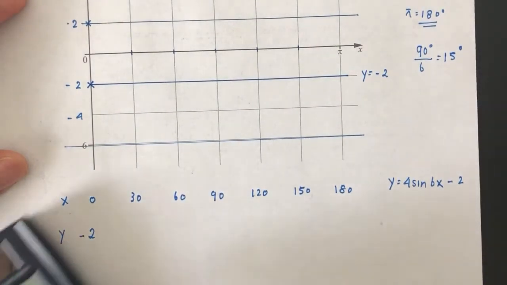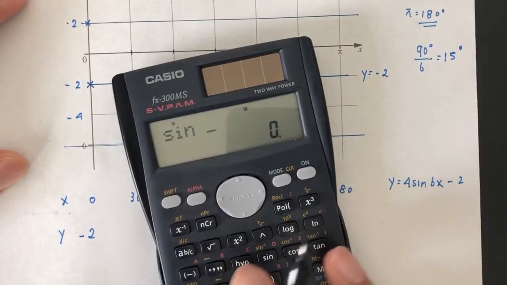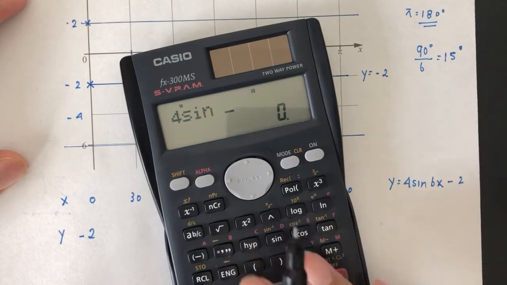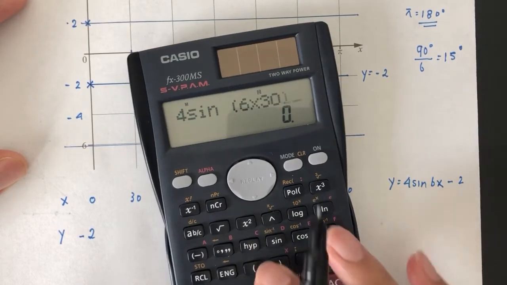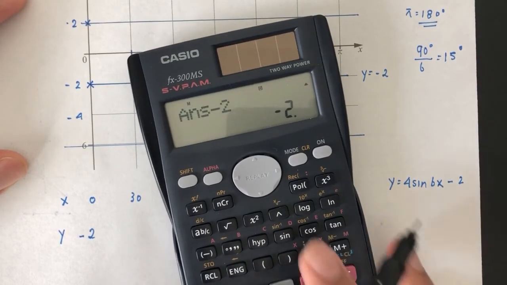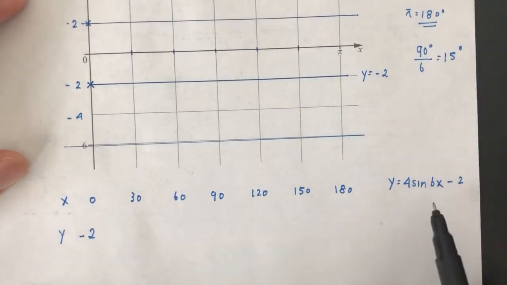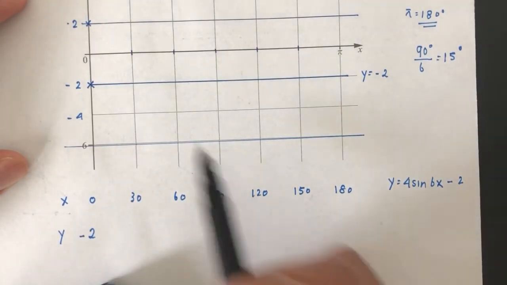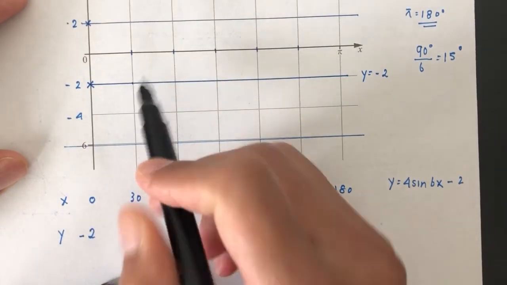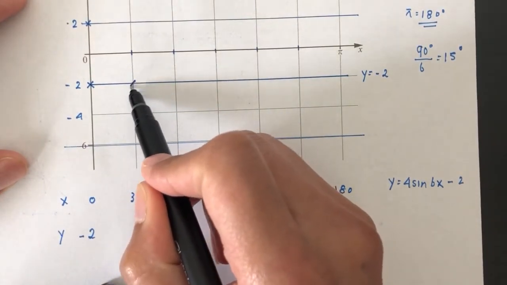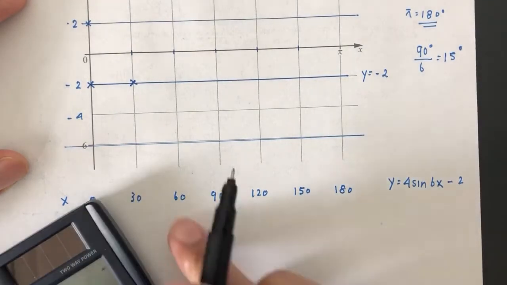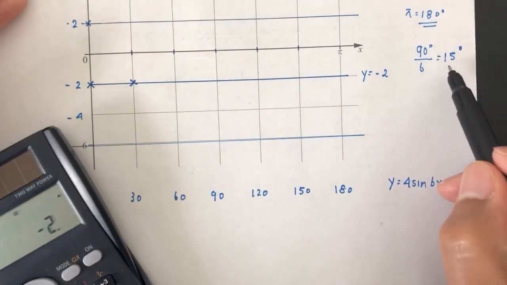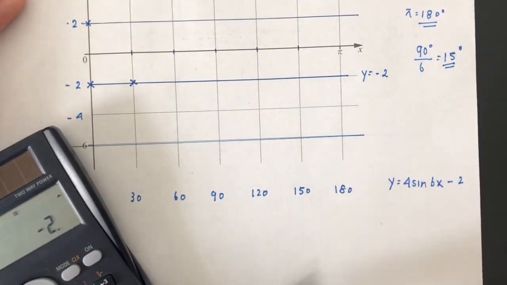Now for 30, let's do that. 4 sine 6 times 30, minus 2. 30 will be minus 2 as well. Now let's try again, because every interesting value should be in steps of 15.